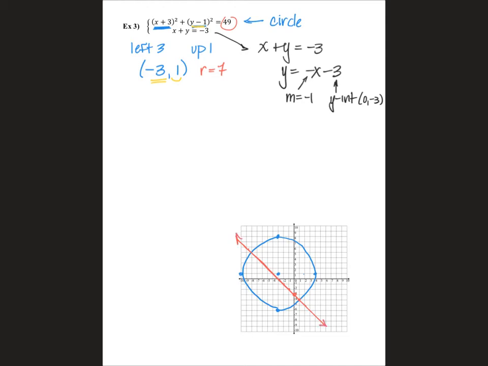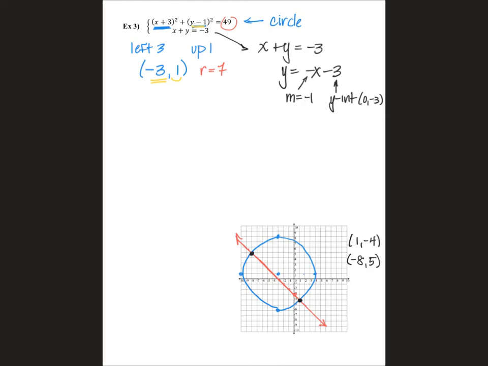But if we look at where these intersect, I'm going to focus on this point right here, which is (1, negative 4), and then this point over here, which is (negative 8, 5). So my goal now is to check if (1, negative 4) and (negative 8, 5) are possible solutions for this system.